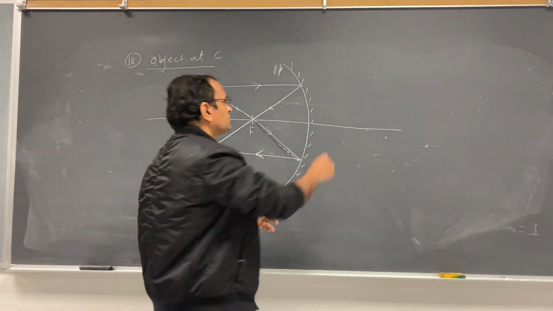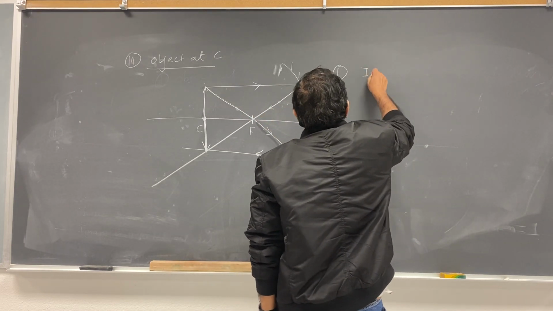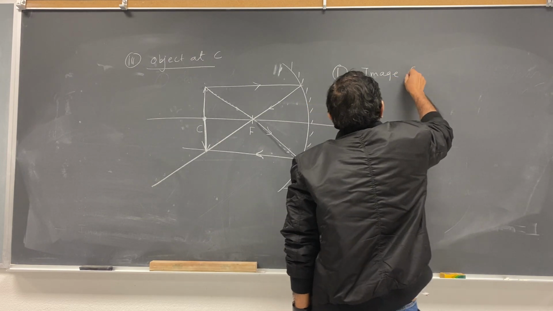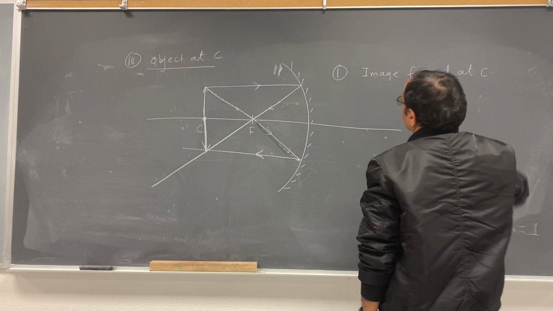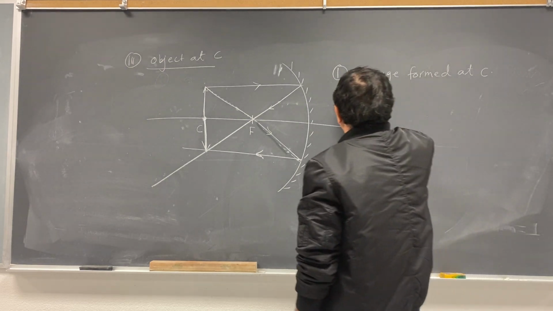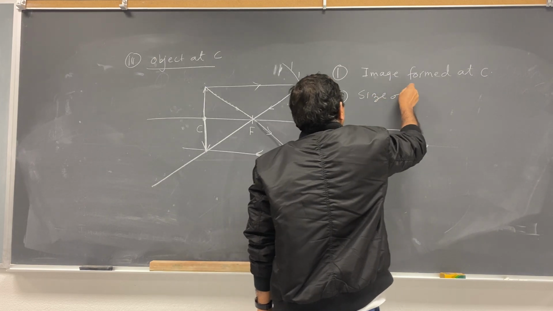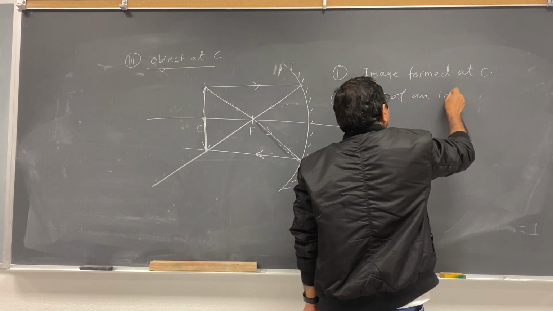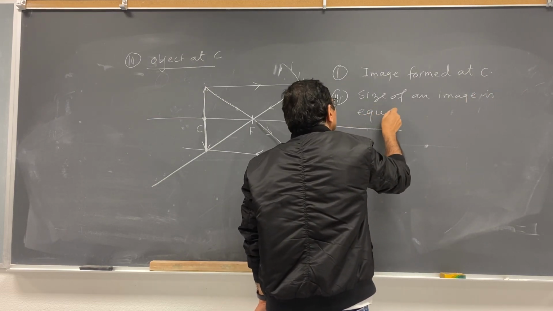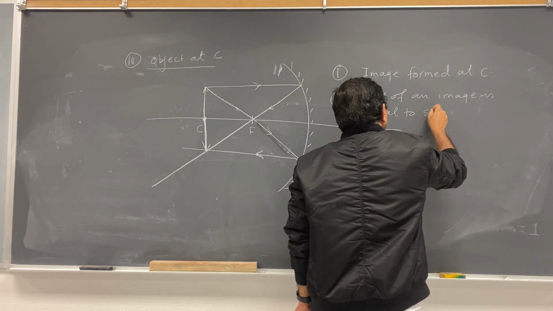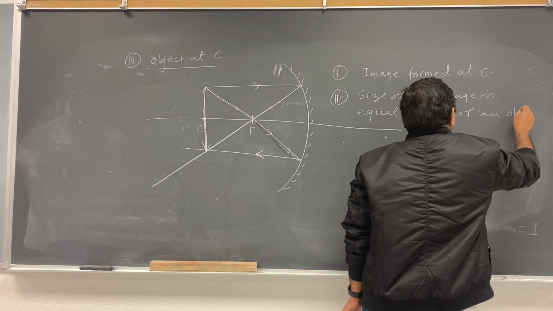So here, if you keep the object at C, in this case, image formed at C, same point. Number 2, size of an image is equal to size of an object.